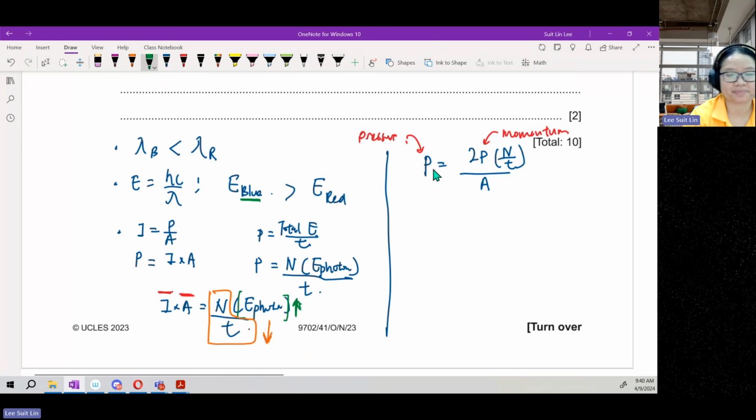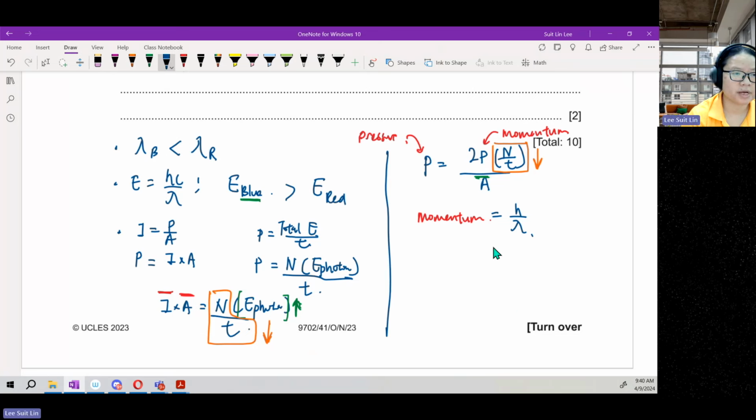Let's look at this equation. Constants we like. This 2 is constant. Pressure is not constant. Area is constant. We want to see how it affects pressure. Okay, n over t decreases. Less photons per unit time. But what about the momentum? Momentum of the photon is h over lambda.